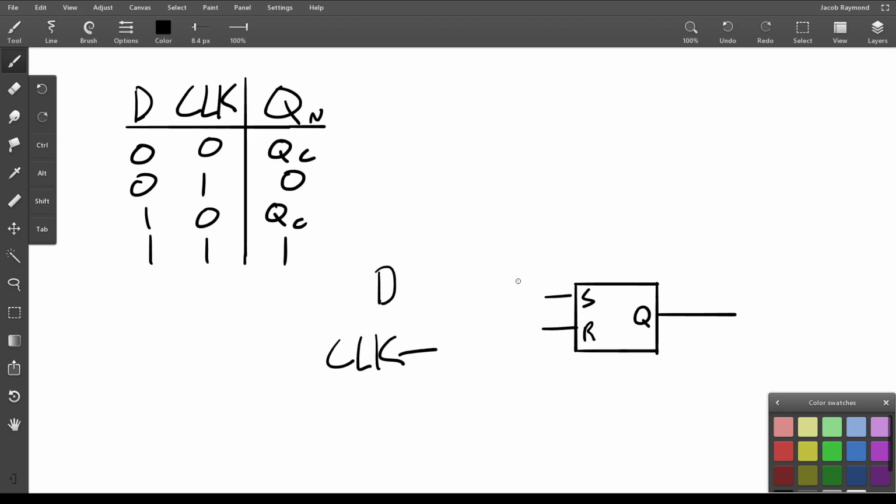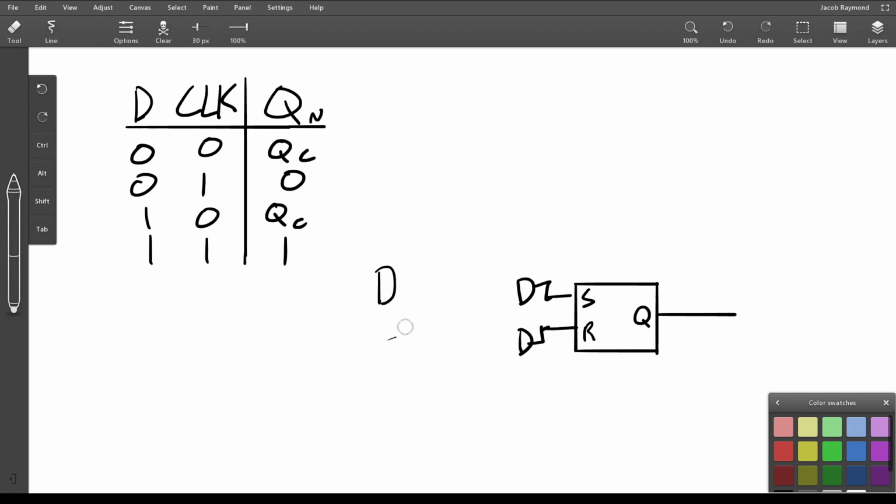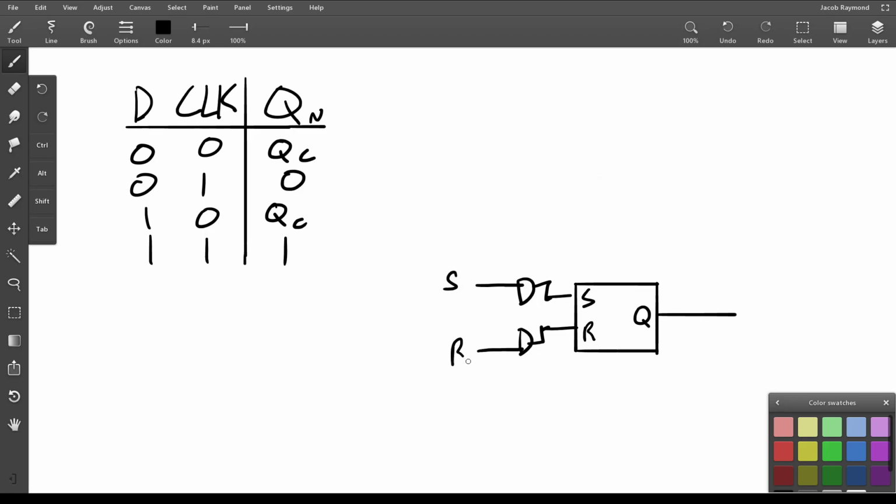Well, if we take two AND gates and put them in front of the SR latch, I'm essentially injecting an AND gate into this, and I'll call these S and R again. But now I have this second input that I'm going to pass into both, and we'll say that this is the clock.